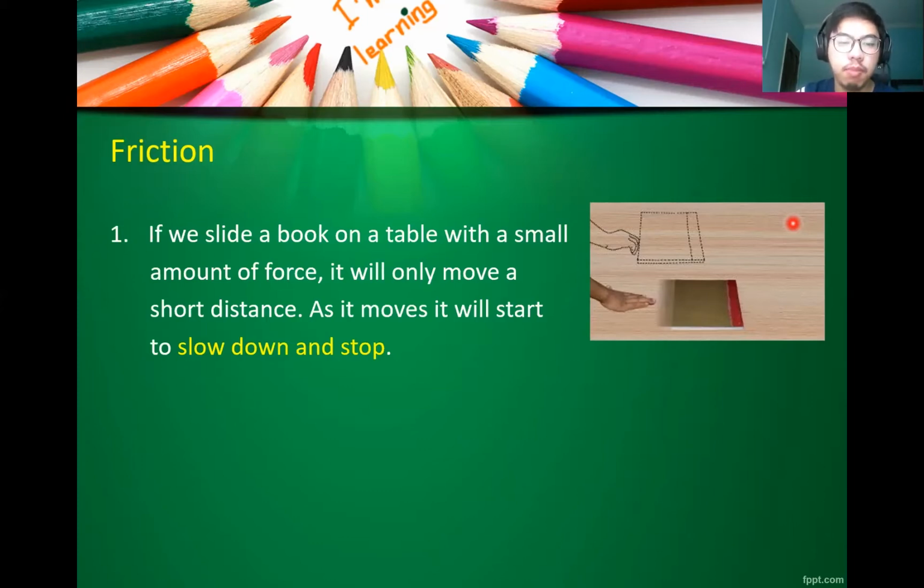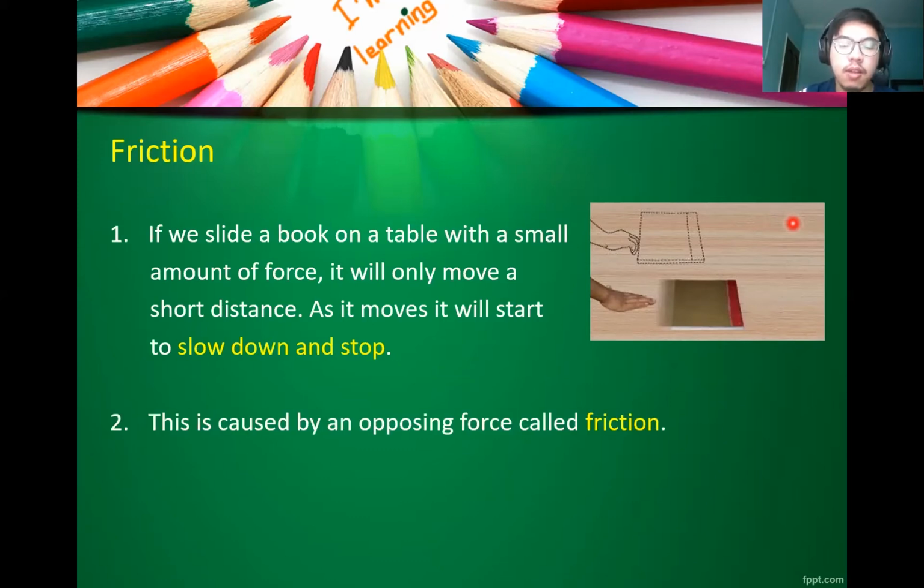So let me read this part. If we slide a book on a table with a small amount of force, it will only move a short distance. As it moves, it will start to slow down and stop. This is caused by an opposing force called friction. So friction is an opposing force. That means it is acting in a direction that is opposite to the motion of the object.